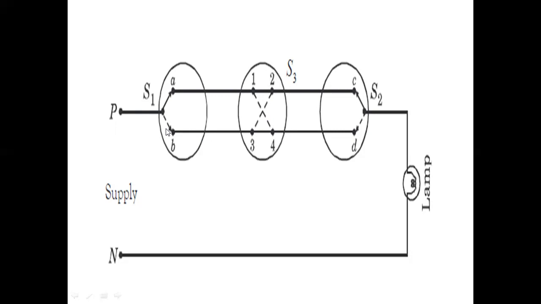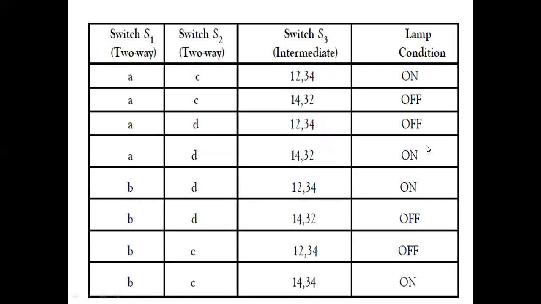Whenever the current reaches the lamp from phase to lamp and lamp to neutral, then the lamp will turn on. That is possible only when S1 is connected to A, S3 is connected 1 to 2, and S2 to C, then the lamp is on. Here you can see the truth table with the different possible ways.